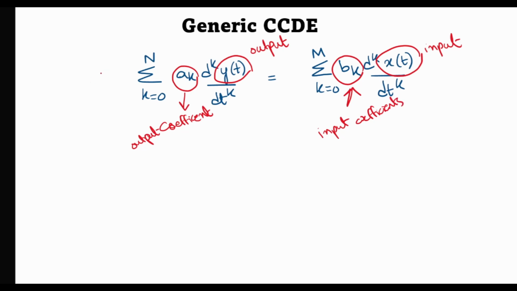Now as you can see from this equation, the output differential coefficients go from k equal to 0 to n, while the input differential coefficients go from 0 to m. The input and the output differential coefficients need not be equal. However, the order of the system is governed by the differential coefficients of the output.